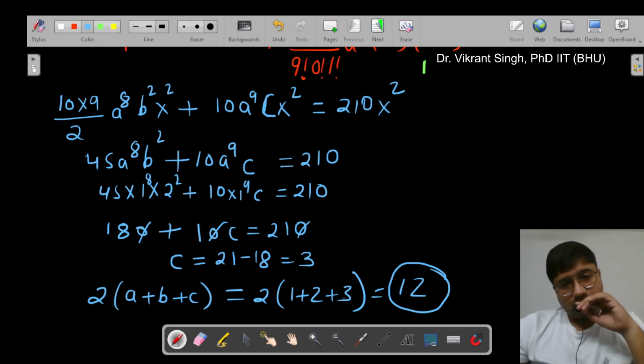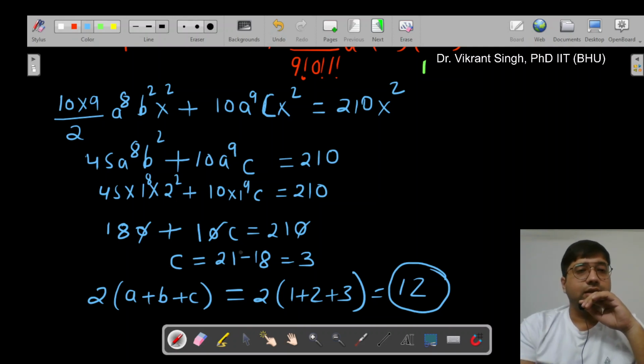So very simple, tricky question, because the most important thing in this question is a, b, c are natural numbers. Otherwise you are not able to solve this question. So this is very important in this contest.